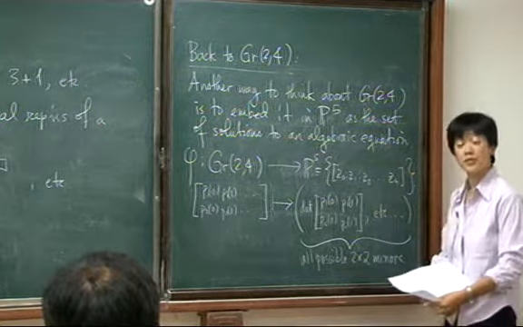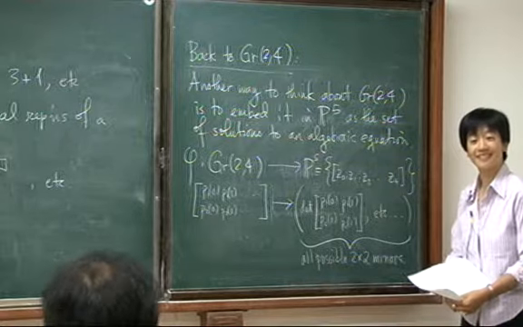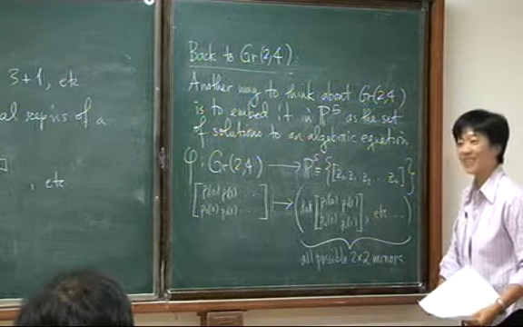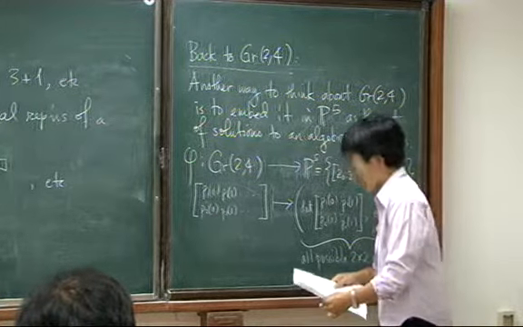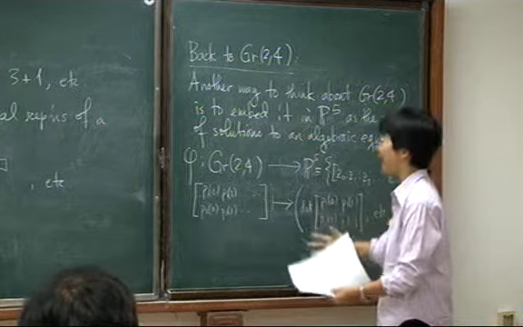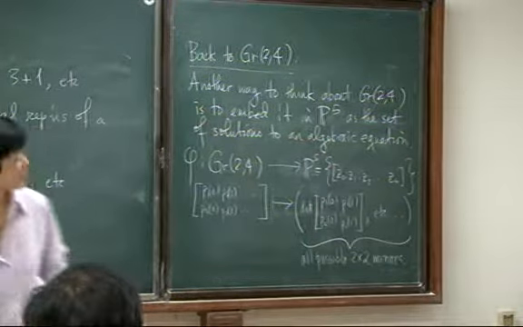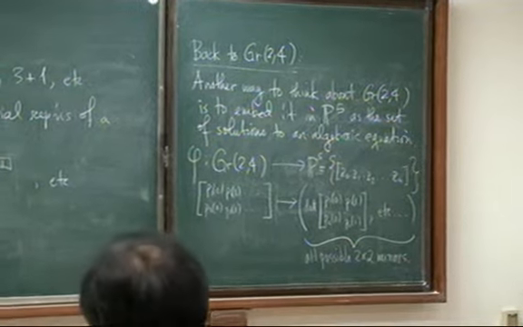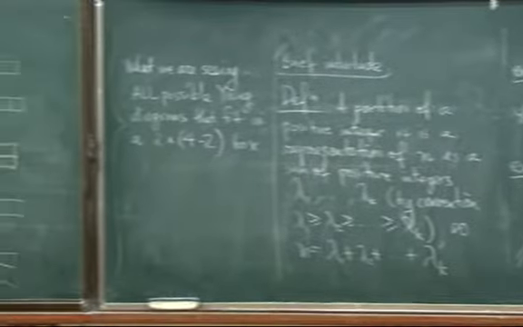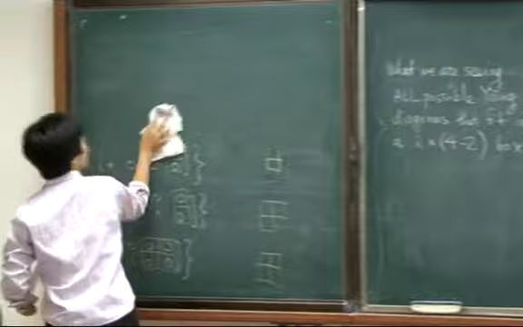Okay? Very good. So that's why it's P5. Excellent. And the fact, which I will not justify, is that the image is in fact cut out by what's called the Plücker relation. This is called the Plücker embedding, and the relation is called the Plücker relation.